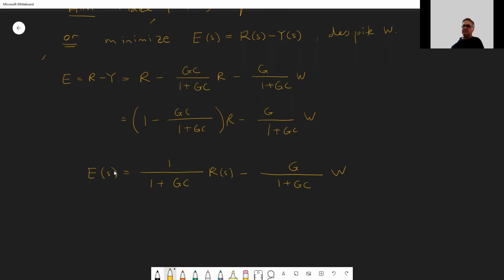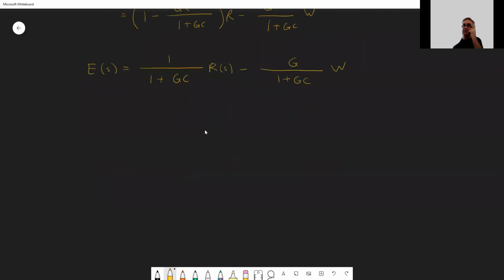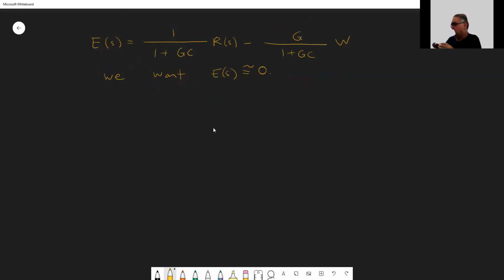Okay, so this is the error. This quantity, if possible, we want to minimize. If possible, you would like to make the error 0. Well, in practical systems, you cannot make it, but you might want to minimize this.